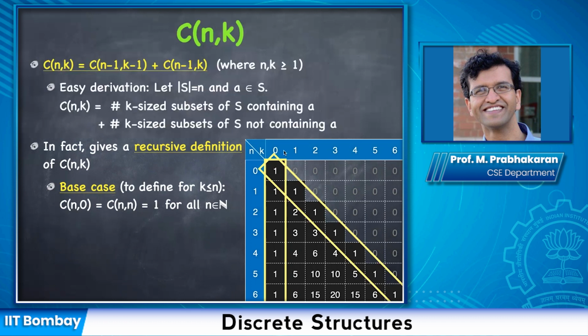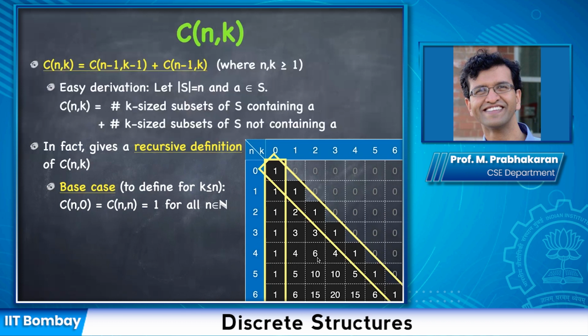And the idea is that once you fill in these ones in this table, then any other element in this table can be computed using this expression. And I would leave it to you to convince yourself. So what this expression is saying is that, say you take this number 10 here, C(5,2) is a sum of C(4,1) and C(4,2).